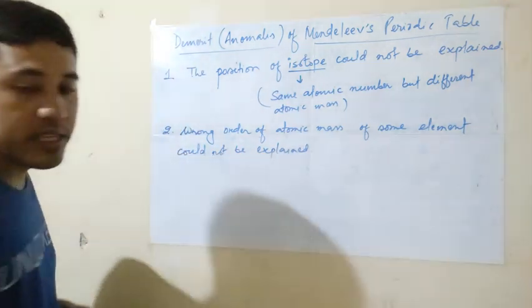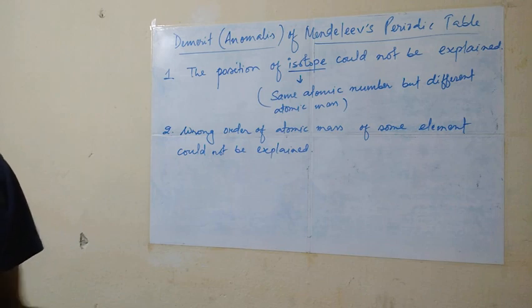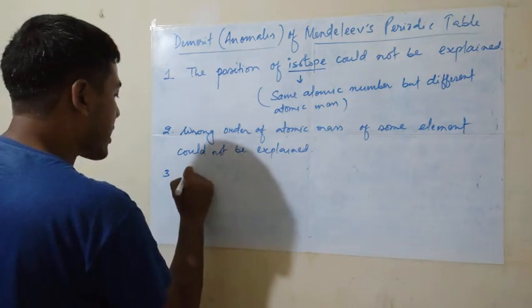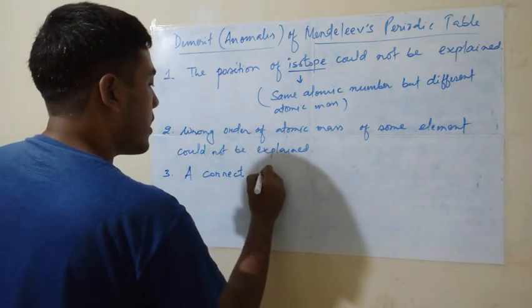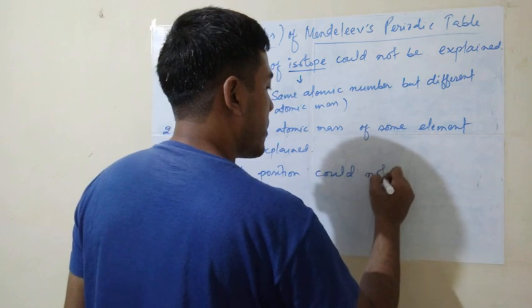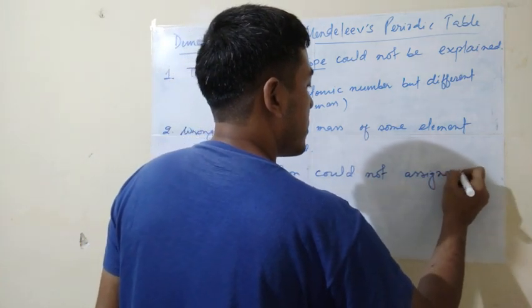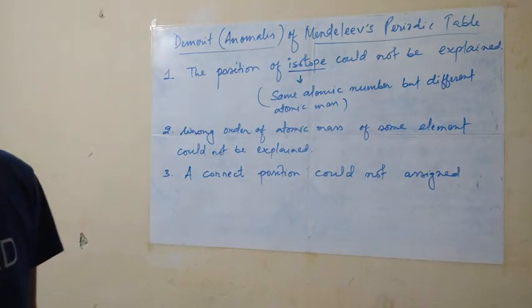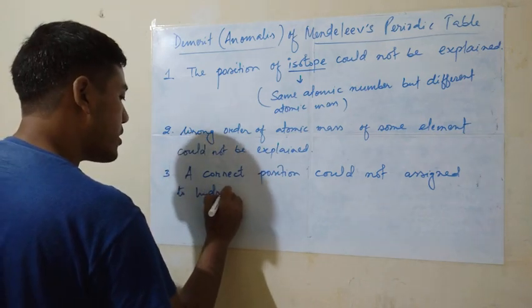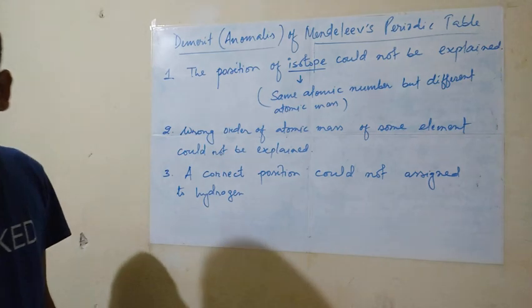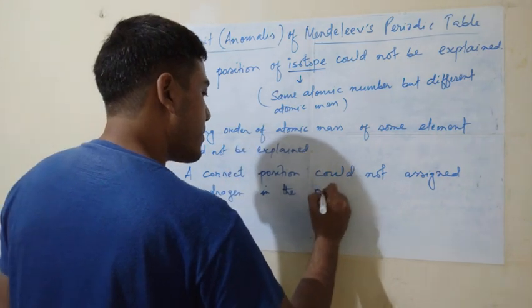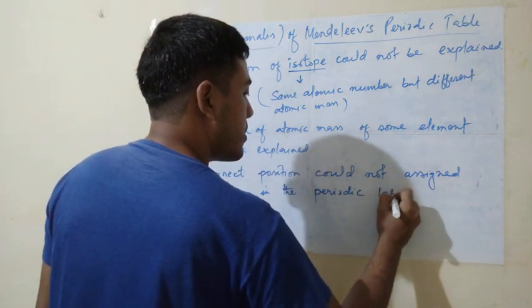Now next, the last demerit, which is one of the most important: a correct position could not be assigned to hydrogen in the periodic table.